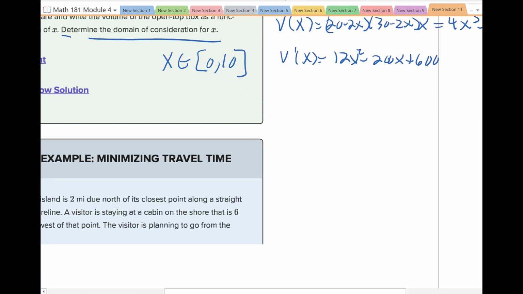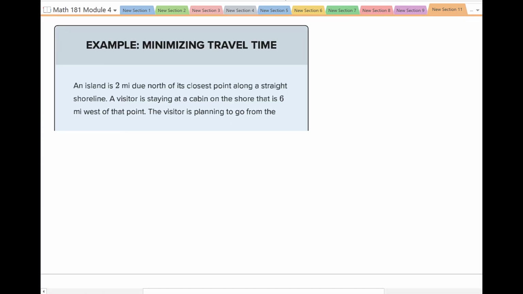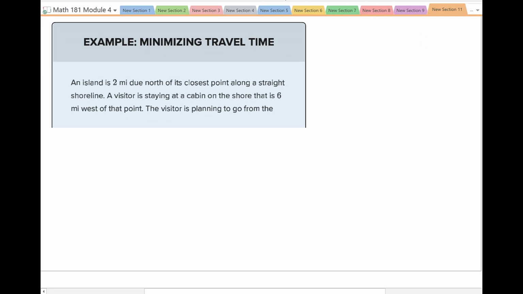Okay, another problem. This one's a minimization. An island is 2 miles due north of its closest point along the beach. So we have an island out here, and this is 2 miles.